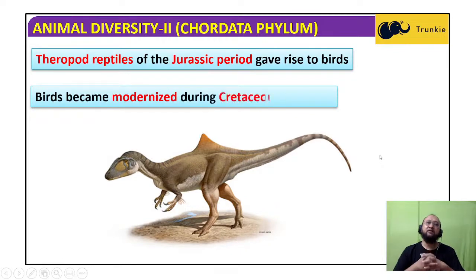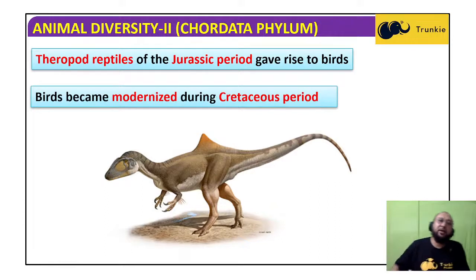Theropod reptiles of the Jurassic period gave rise to the birds. We know that there are many different types of reptiles: lizards, snakes, and dinosaurs were also reptiles, but the dinosaurs became extinct. Theropod is one kind of reptile, which looks like this in the picture that you are able to see on your screen.